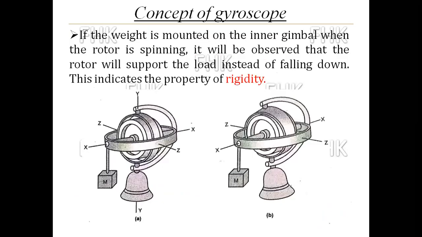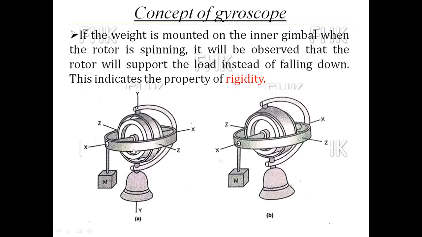If a weight is mounted on the inner gimbal when the rotor is spinning, it will be observed that the rotor supports the load instead of it falling down. This indicates the property of rigidity.